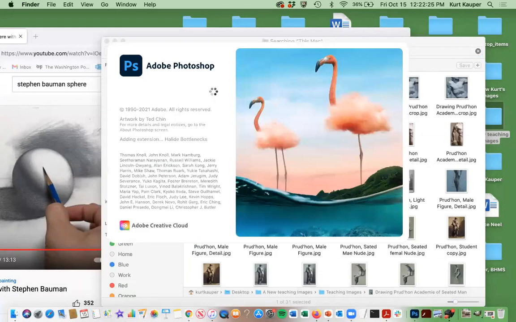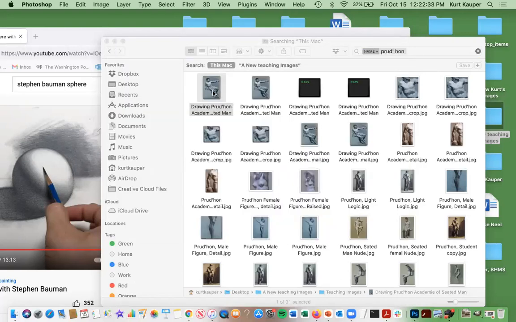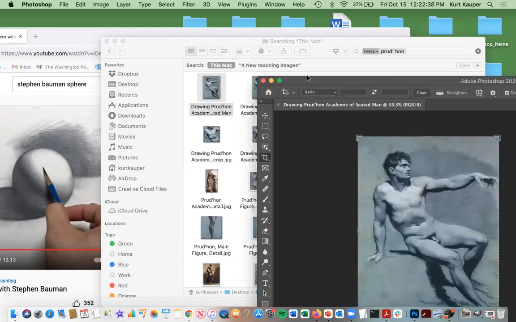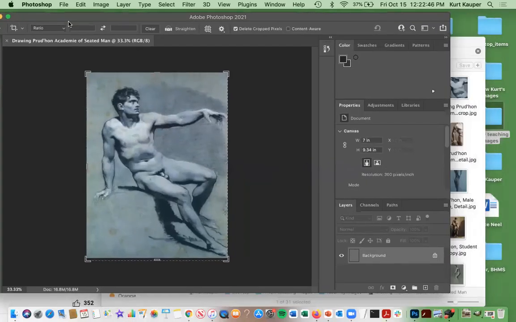I don't know why it's coming up in Photoshop, but it doesn't matter. So this is a drawing by Prud'homme where, sorry, my computer, for whatever reason, is acting up a little bit.